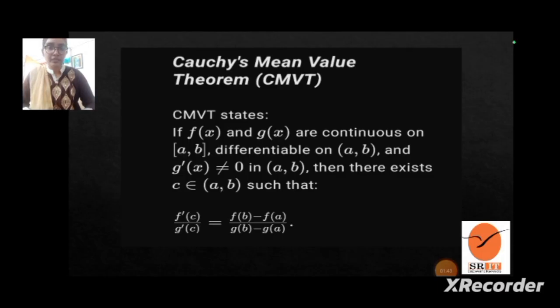Here g dash c is not equal to 0 because otherwise it would lead to infinity.